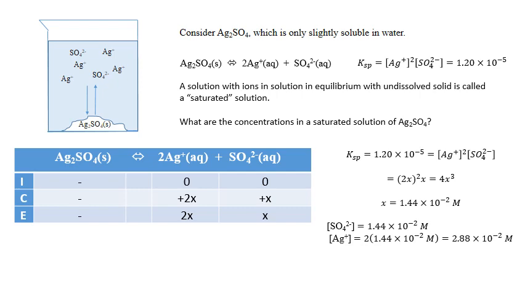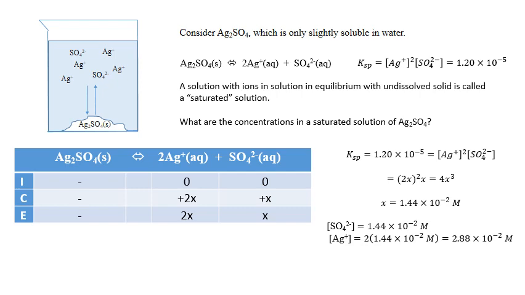But anyway, you go ahead and solve that, find X, and you find that it's 1.44 times 10 to the minus 2. Okay, so that's the concentration of sulfate at equilibrium, and the concentration of silver ion in solution is twice that. Okay, 2.88 times 10 to the minus 2.